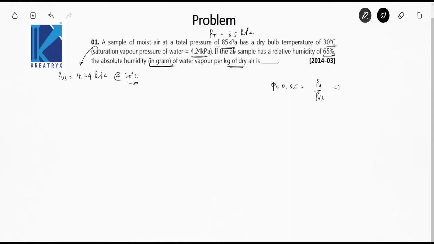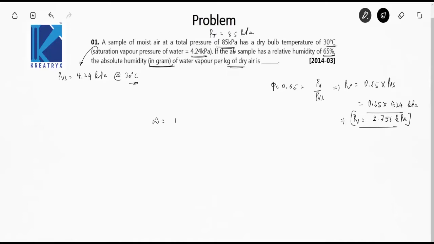So we get PV is equal to 0.65 into PVS, which is 0.65 into 4.24 kilopascal. So PV is equal to 2.756 kilopascal.